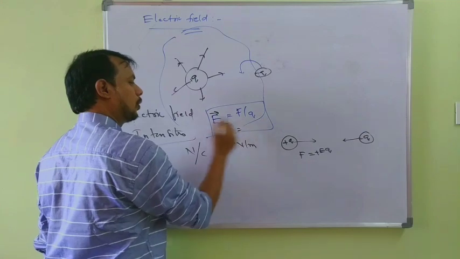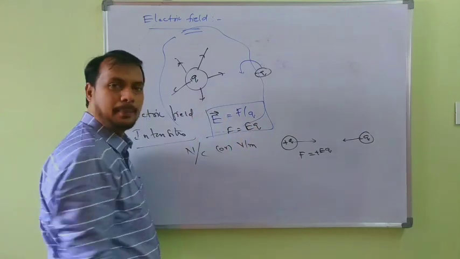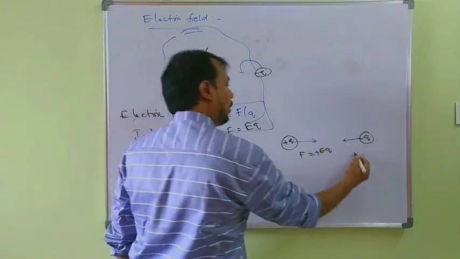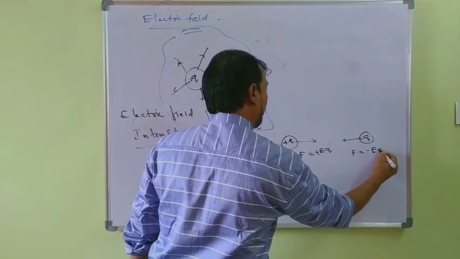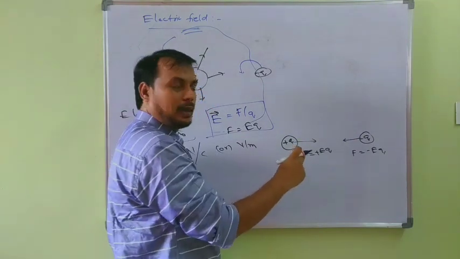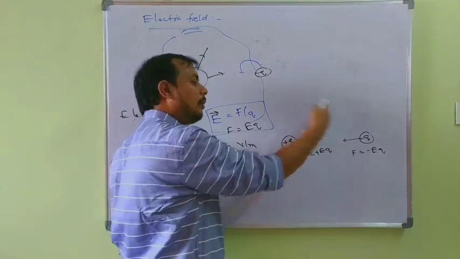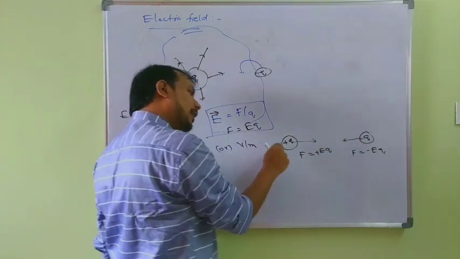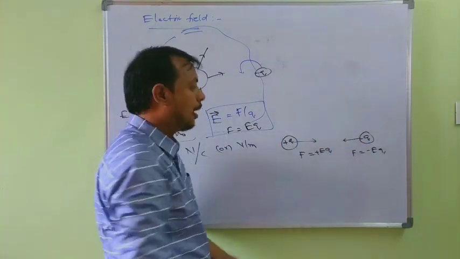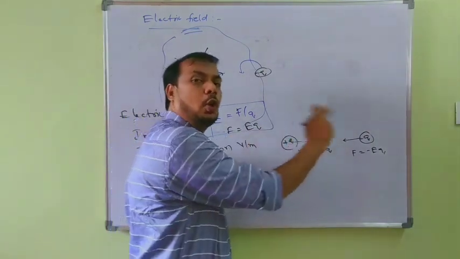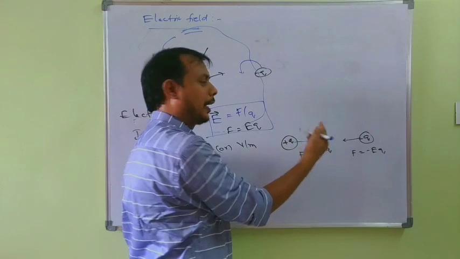The force on plus Q due to minus Q is F equals minus EQ. This is the force direction. But electric field intensity is always from high charge to low charge, or positive to negative charge.